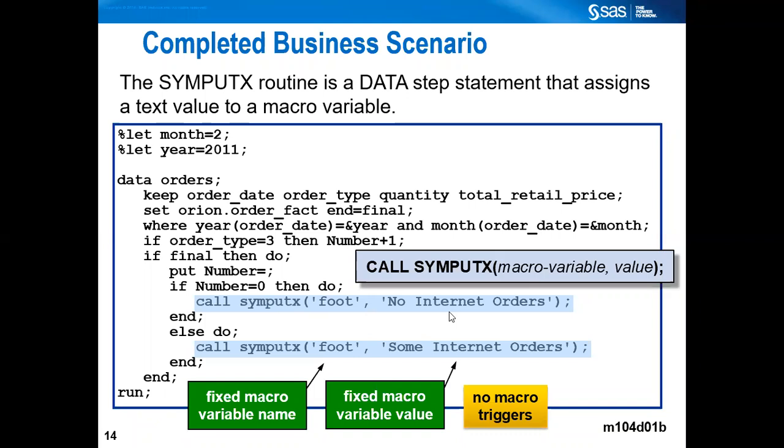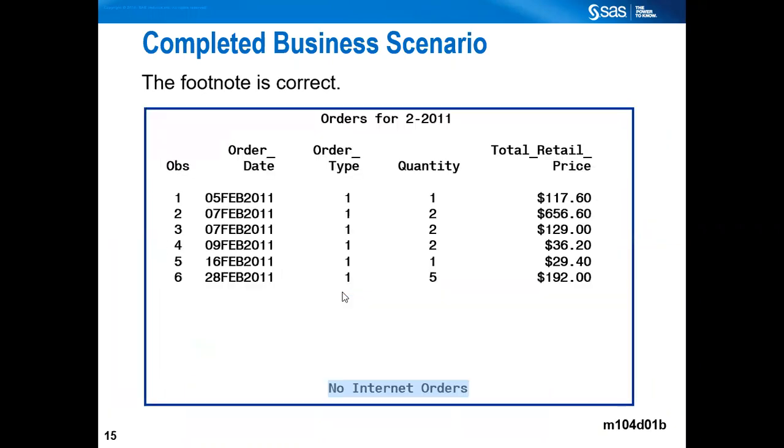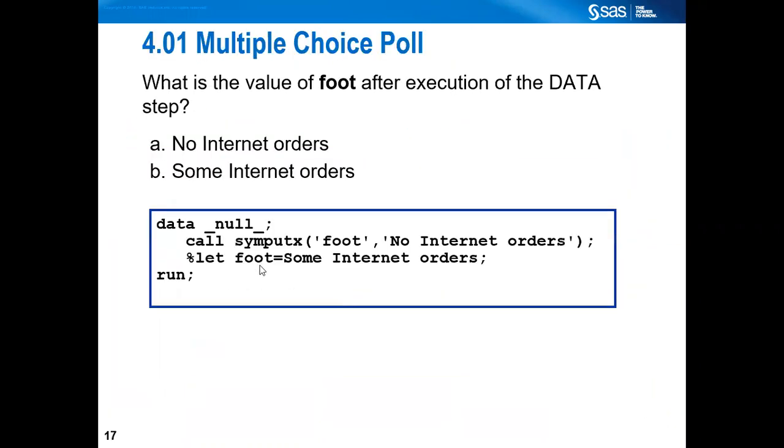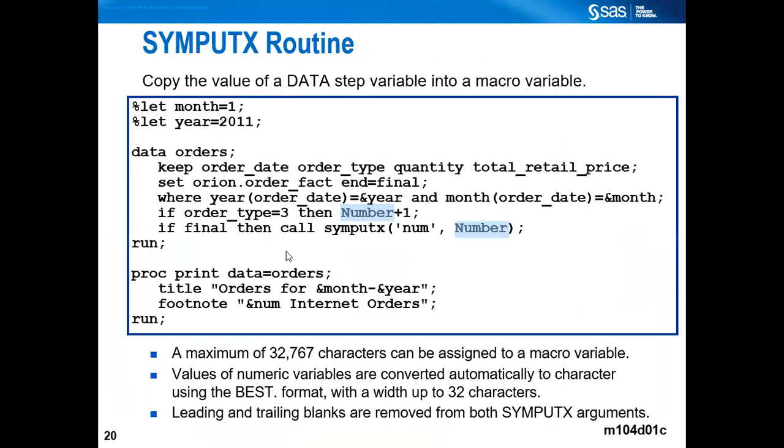But here it's not then do. You can also make use of this type of statement. You are absolutely correct, because we call it a call routine statement. It depends how you are using it, but it can be used this way also.